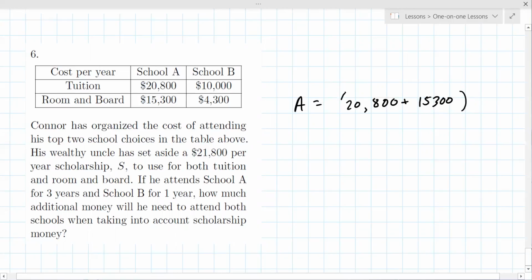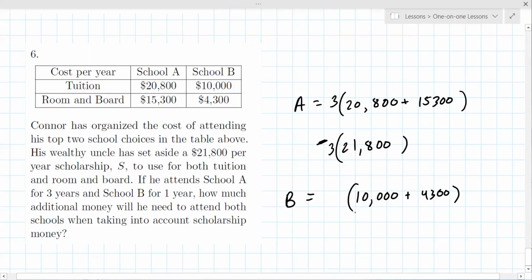Okay, so you multiply this number times 3, but then you're going to subtract 21,800. Subtracting, I got 86,500. When you subtract this. Oh, the scholarship's good every year. 3 years. Yes. Okay, so it's 108. Sorry, my brain is just fried.